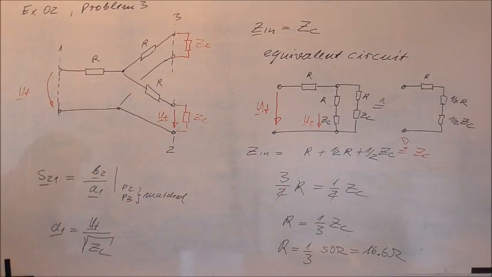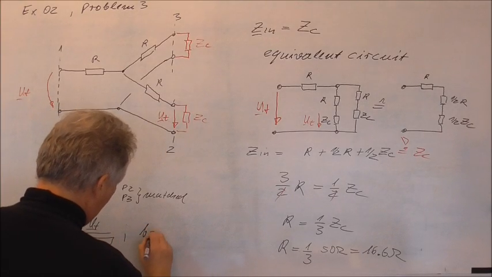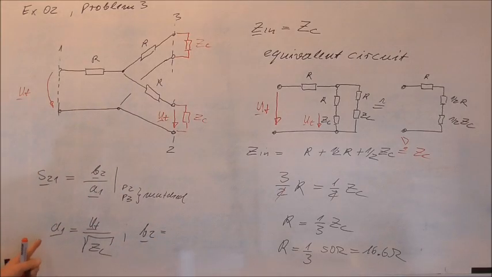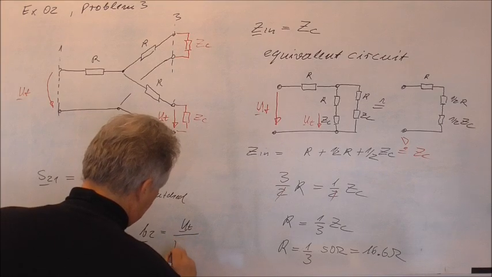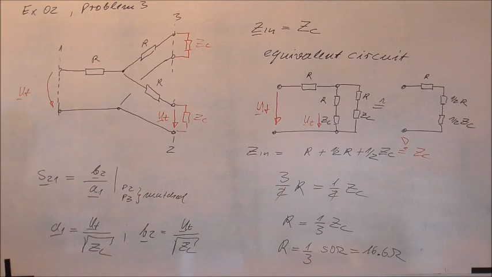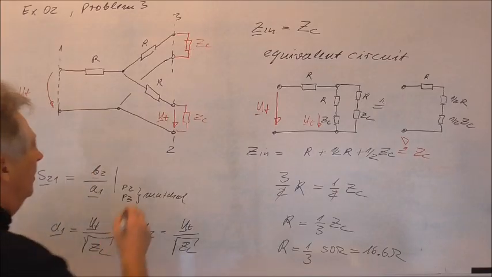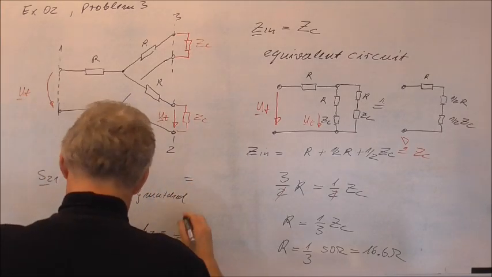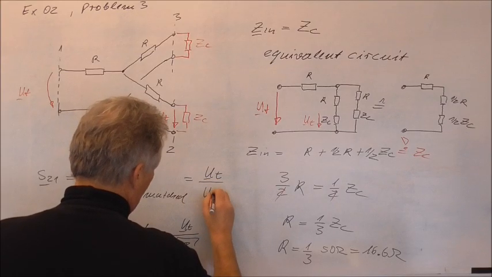And then B2 would be equal to the transmitted voltage also divided by the square root of ZC. But you see here, if I insert this into this equation, then because I always assume to have the same ZC, this is equal to the transmitted voltage divided by the forward traveling voltage.